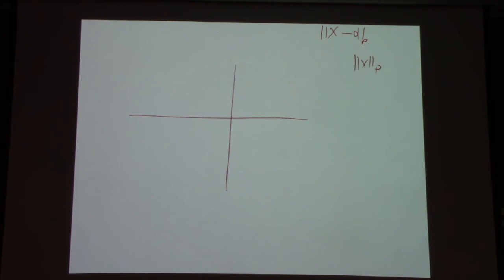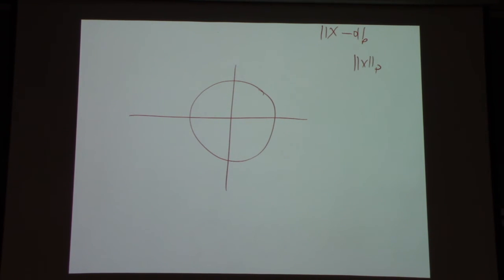Instead of measuring the distance, I'm going to draw points that are equidistant from the origin. If p equals 2, the Euclidean distance, you get level curves that are circles. All points on the circle are equidistant from the origin. This is called the 2 norm ball in 2 dimensions. In 3 dimensions, the 2 norm ball is a sphere.